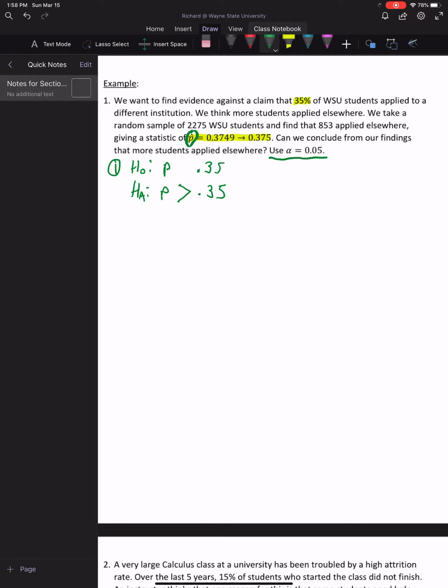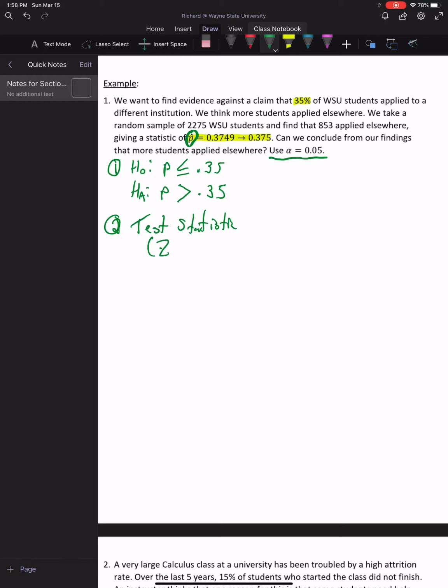So somebody is saying that we want to find evidence against the claim that 35% of Wayne State students applied to a different institution. We think it's more, right? We think more students applied elsewhere. So that means that the null has to be less than or equal to. Okay, so that's the good news. Step 1 is done.